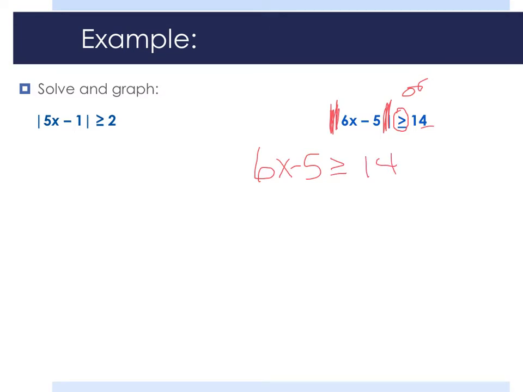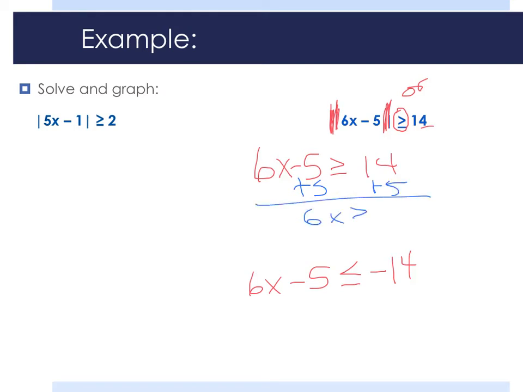And then I can also talk about 6x minus 5, and I've got to flip the switch because now I'm talking about negative 14. Using the SIC process to solve, add 5 to both sides here. 6x is greater than or equal to 19, not 29, 19.